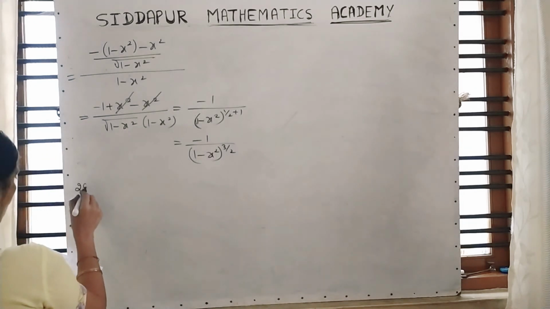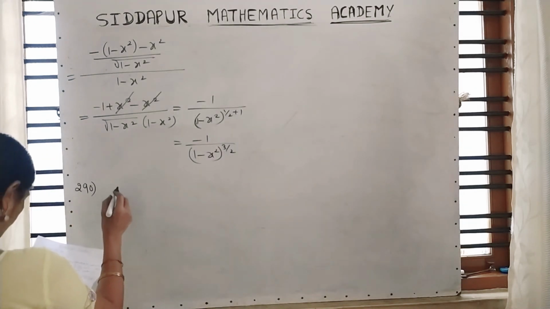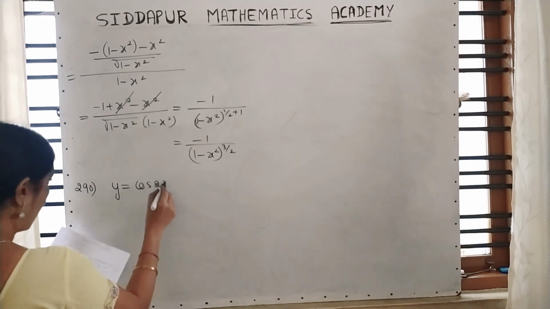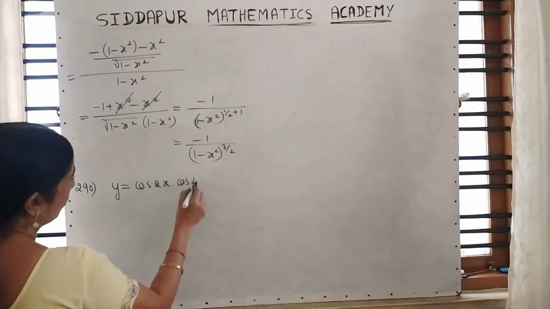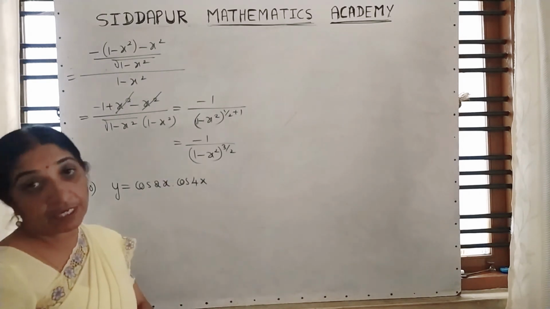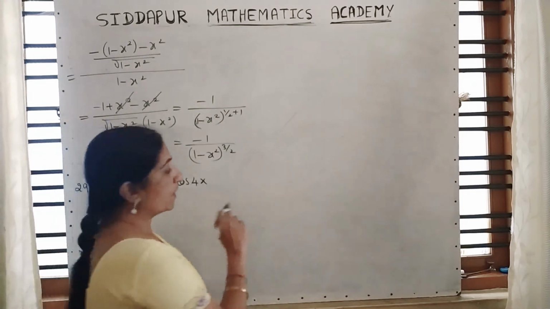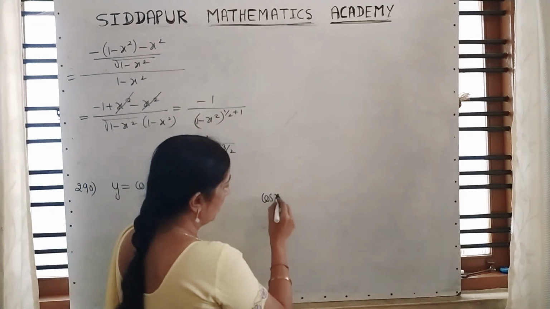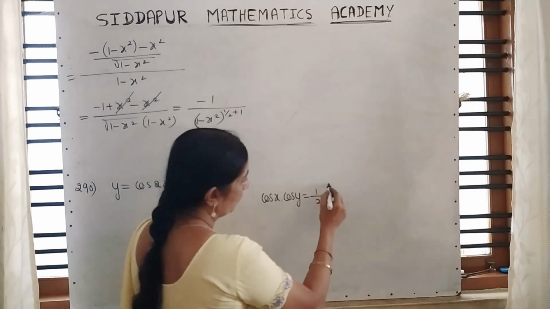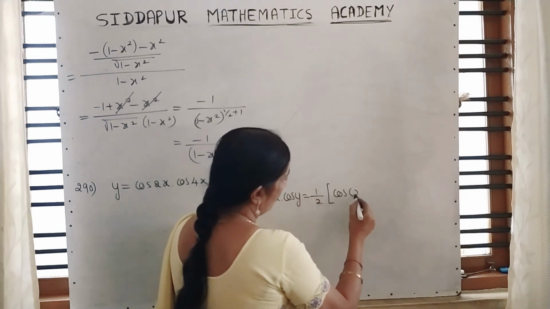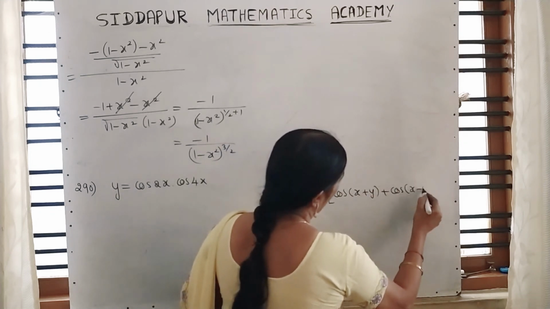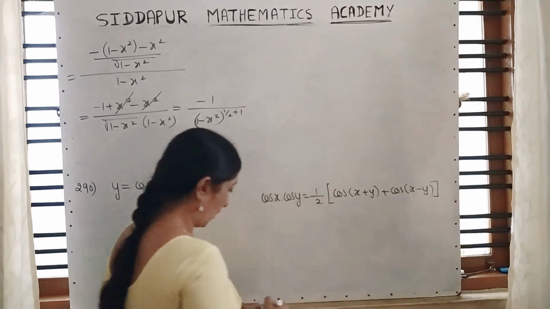Next, question number 290. Y is equal to cos 2x into cos 4x. Here you can differentiate directly by applying multiplication u into v. But it gives you a lengthy process. That's why I am applying cos x into cos y is 1 by 2 cos of x plus y plus cos of x minus y.